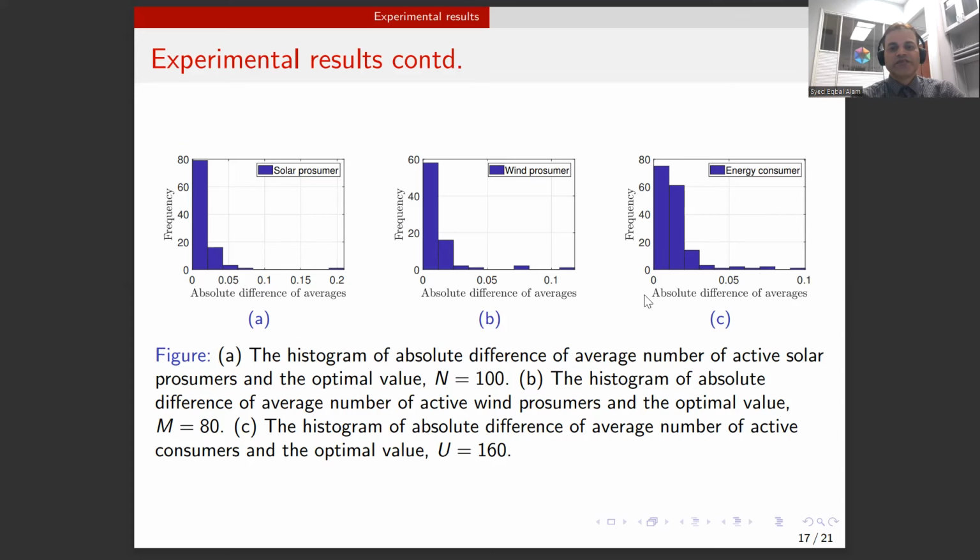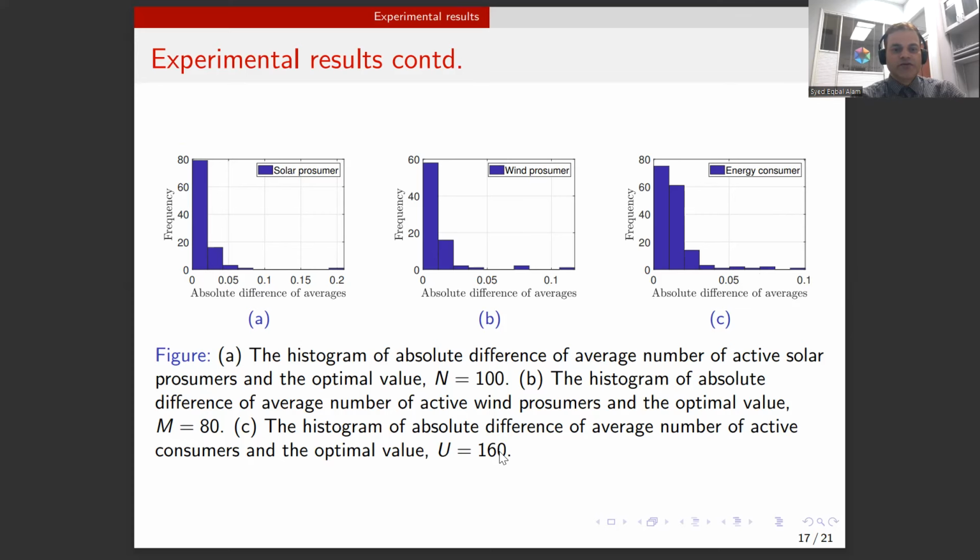So the absolute difference between the average values obtained by our solution approach and the optimal value is less than 0.05. So they are basically quite close to each other.